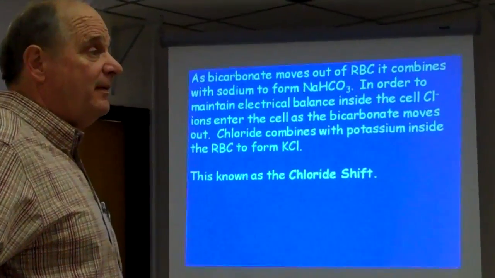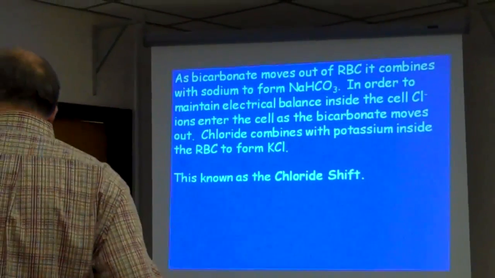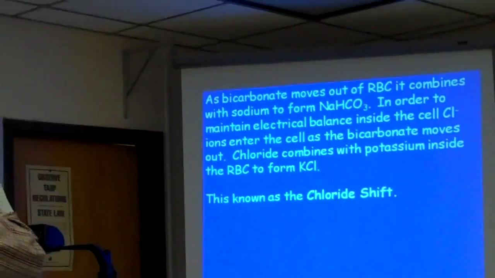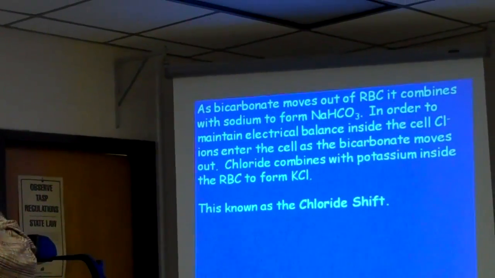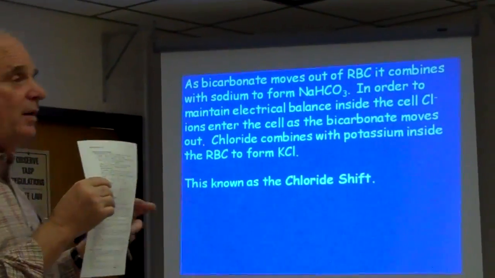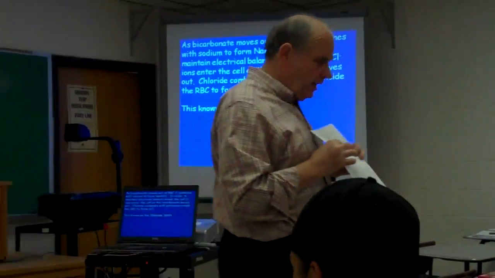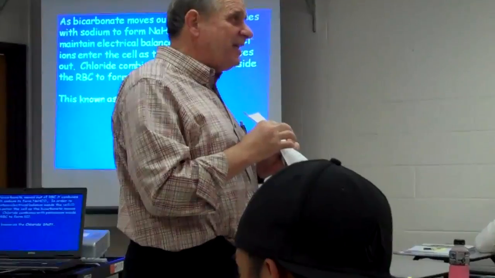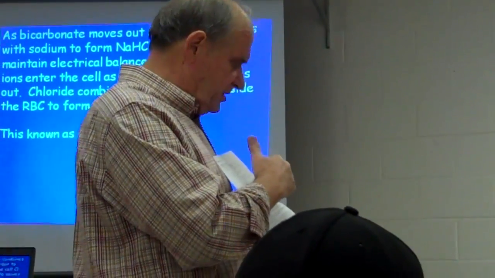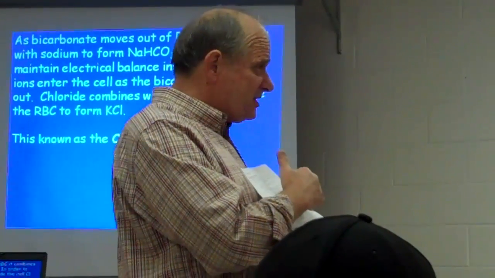This is the chloride shift? Yes, sir. That is the chloride shift showing chlorine, the chloride, moving in, and the bicarbonate moving out. Normally the primary extracellular substance is sodium chloride. Potassium is a cation inside the cell.